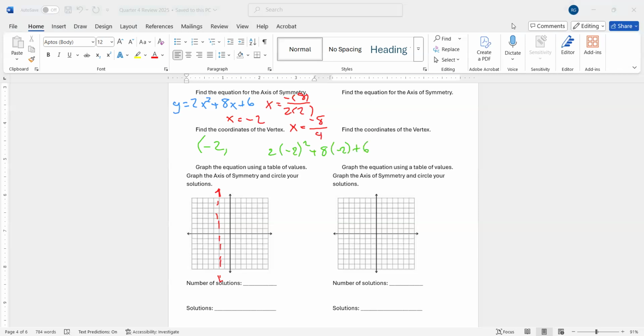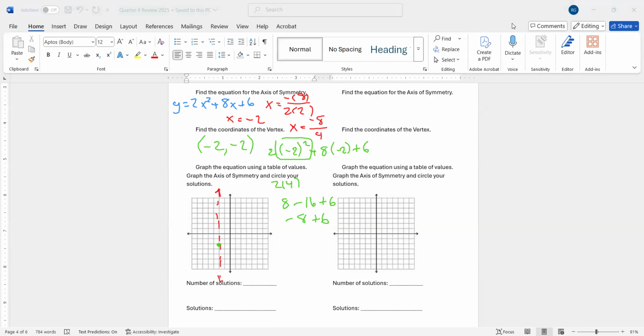So -2 squared, got to do that first. That's 4. 4 times 2 is 8. 8 times -2 is -16 plus 6. So that's -8 plus 6, which is -2. So -2, -2 is that point right there. The green point is the vertex.